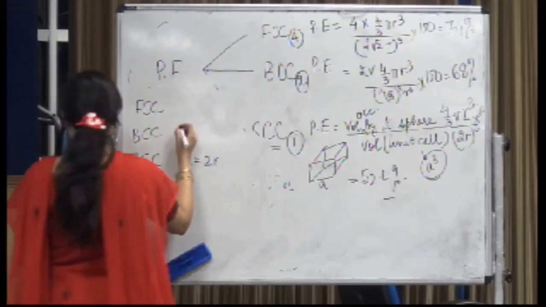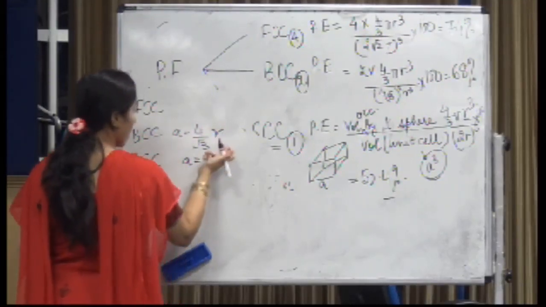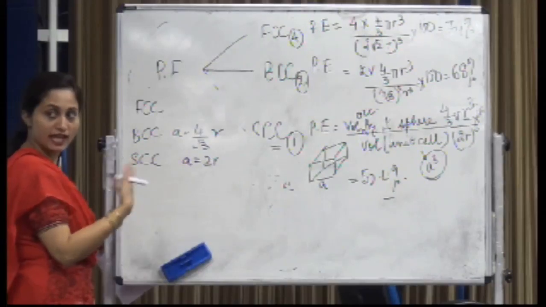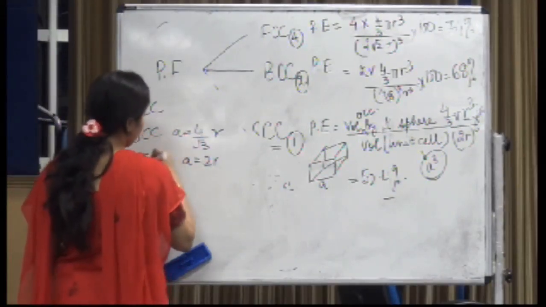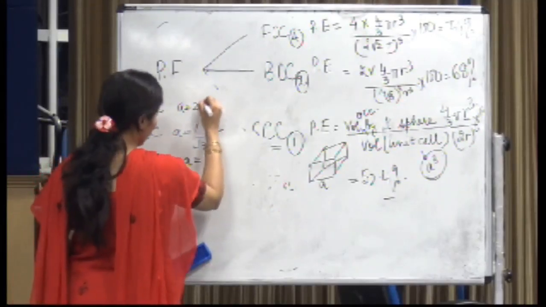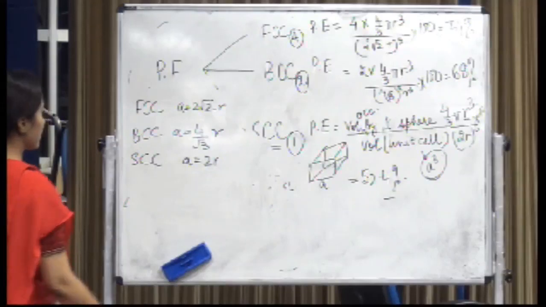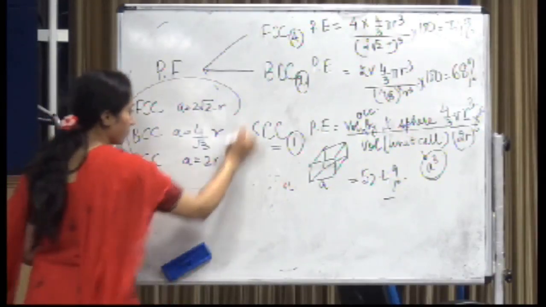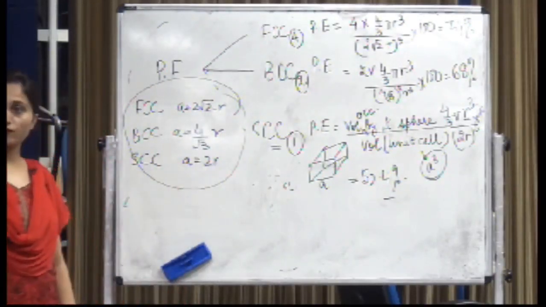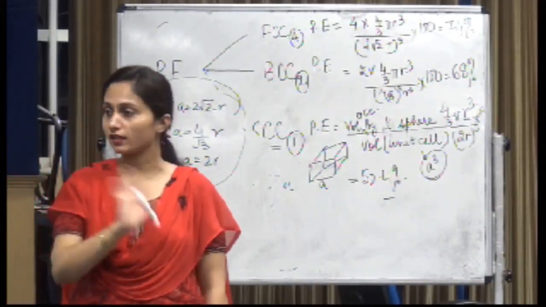For BCC, A is equal to 4 by root 3 r, or r is equal to root 3 by 4 A, the way you feel comfortable. And for FCC, A is equal to 2 root 2 r. So this expression also needs to be remembered for the numericals. You will have very simple numericals from solid state. All you have to do is just apply a little bit of the mind, that's all.